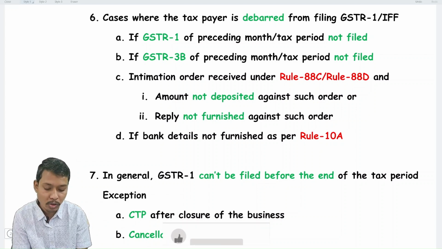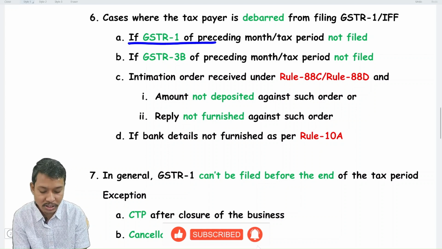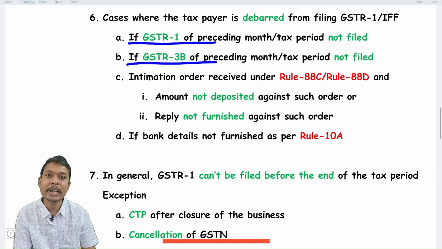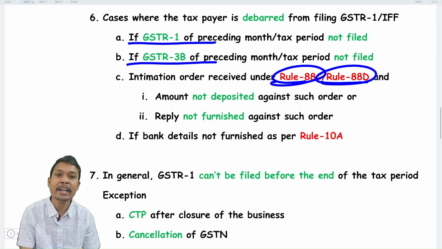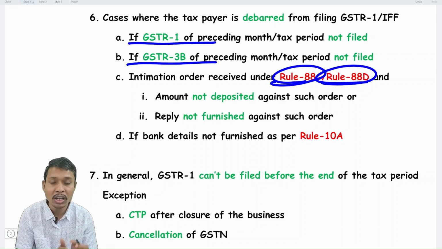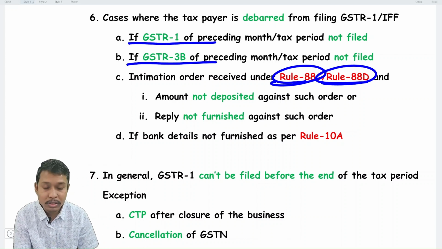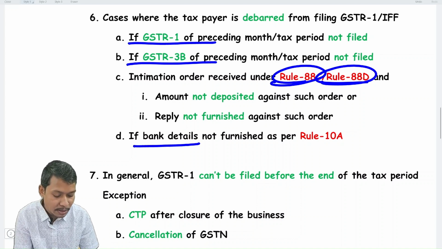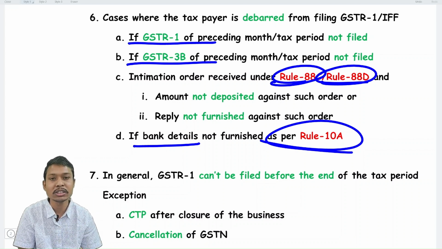If the taxpayer did not file GSTR-1 for the preceding month, or did not file GSTR-3B for the preceding month, or has received an intimation order under Rule 88C or Rule 88D and did not pay the amount as provided in such intimation order, or did not provide any reply against such intimation order, or did not provide bank details as per Rule 10A. So if he fits in any of these situations, then such a taxpayer will not be allowed to file GSTR-1 for the said month.